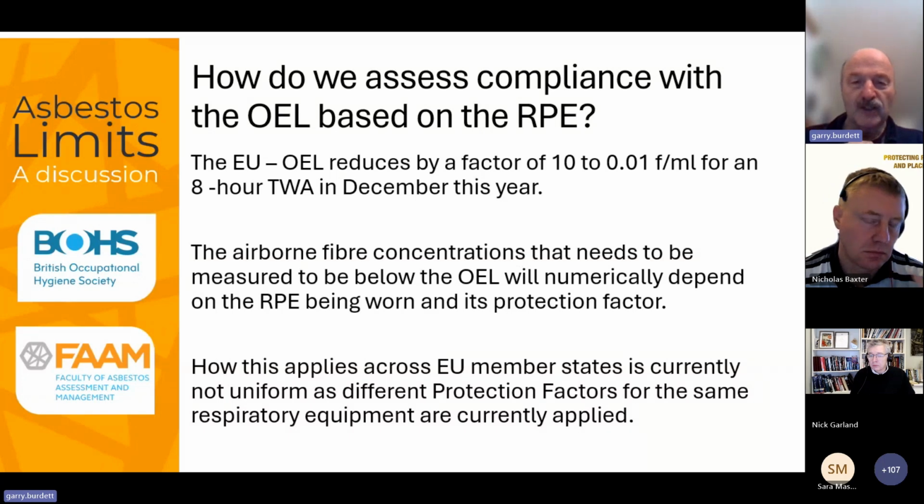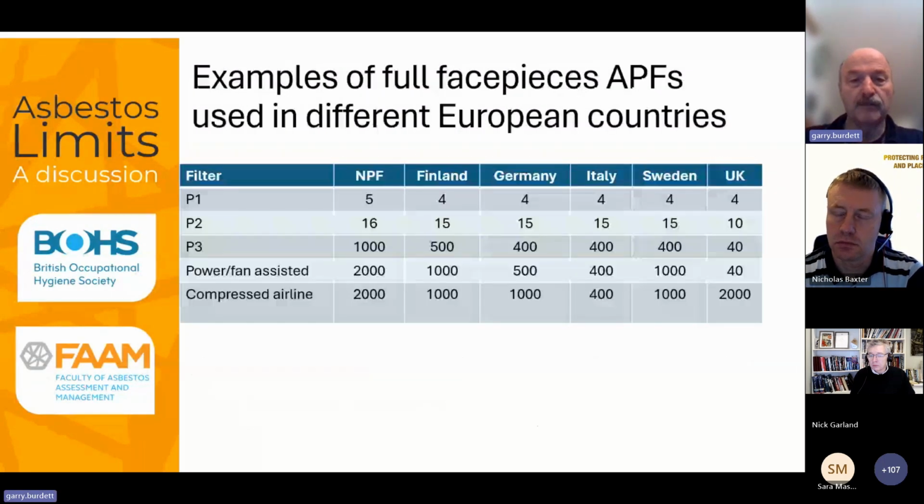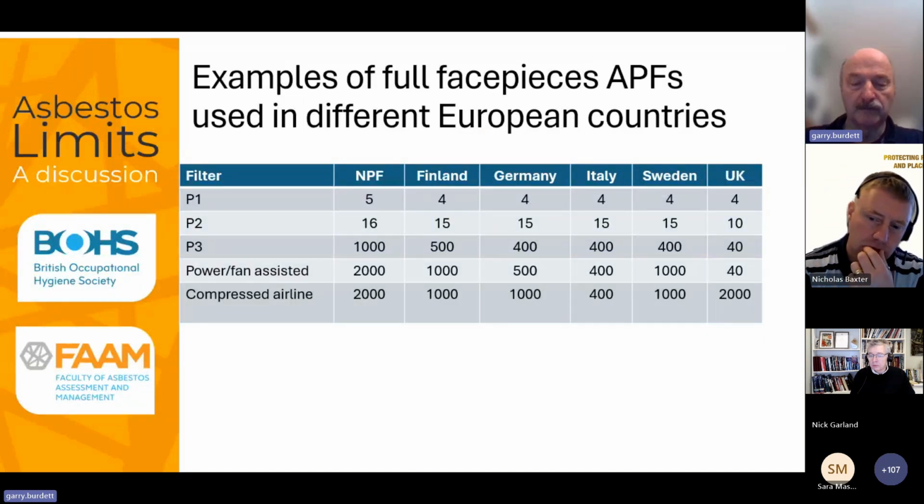And one of the strange things is that this isn't consistent. It changes across different EU states. So there's no uniformity in the way protection factors are applied to the same respirators. To give an example of this, I'll give you the source for this, but this is from a document 2020. So if we just concentrate on the last two columns, not that I've got anything against Sweden, but you can see that this is all for full face piece APFs.